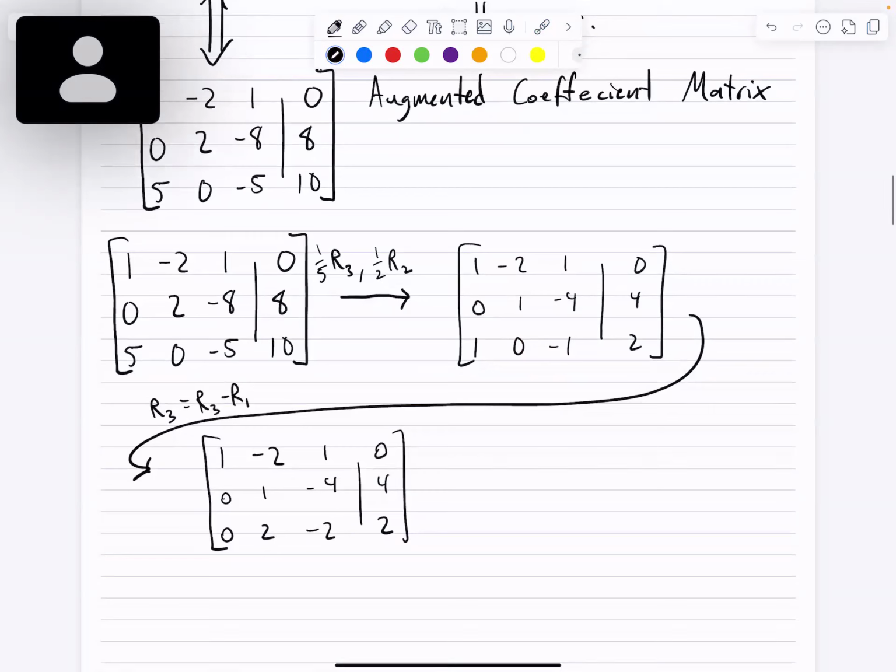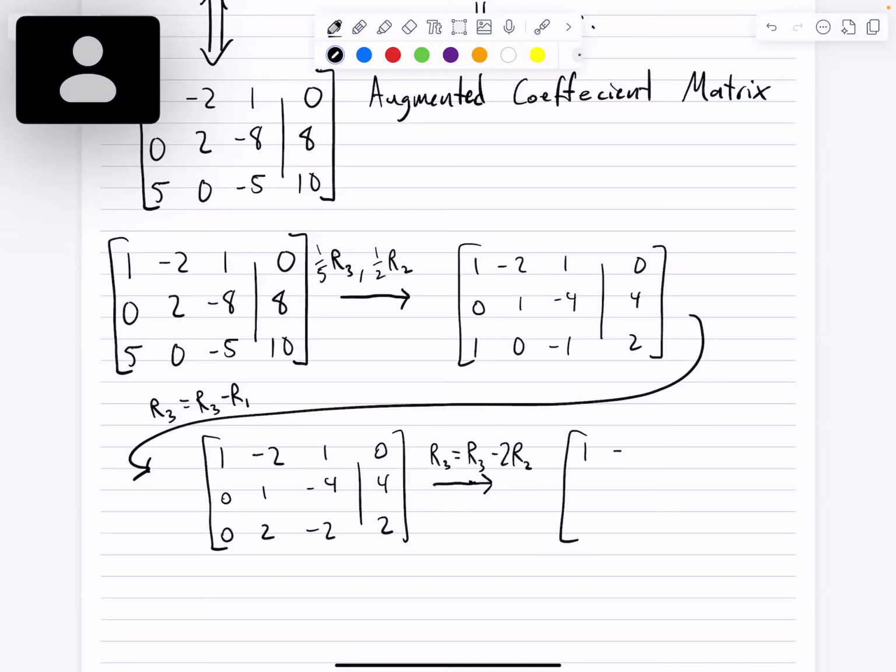Then I can use row 2 to eliminate that position right there. So that's row 3 equals row 3 minus 2 row 2.